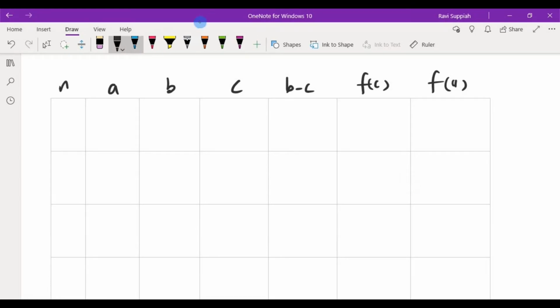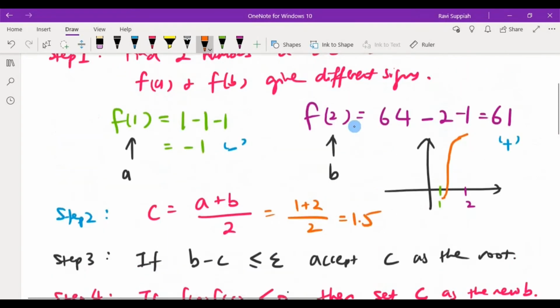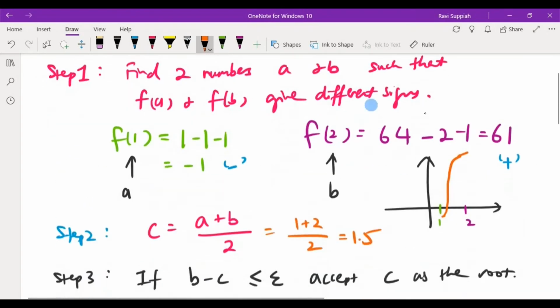For the first iteration, we saw that a is 1, b is 2 and c is 1.5. So the difference between b and c is 0.5. Next is f of c. What do I do? I take the value c and put it inside the f function. What is the f function? It is x to the power of 6 minus x minus 1.